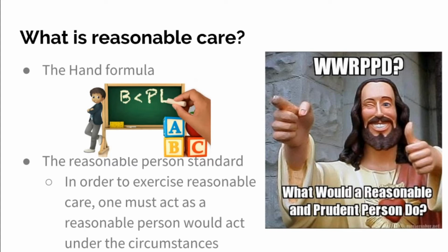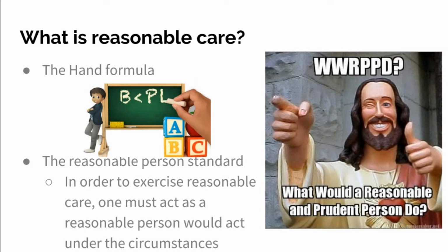Another standard that legal scholars use to determine negligence is the reasonable person standard, which basically means if an individual does not act as a reasonable person would act under the same circumstances, then they have committed negligence. However, there are a few exceptions to the reasonable person standard.